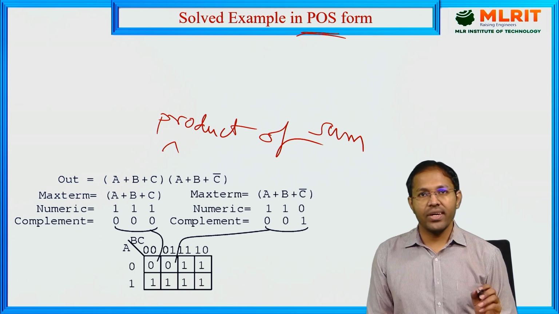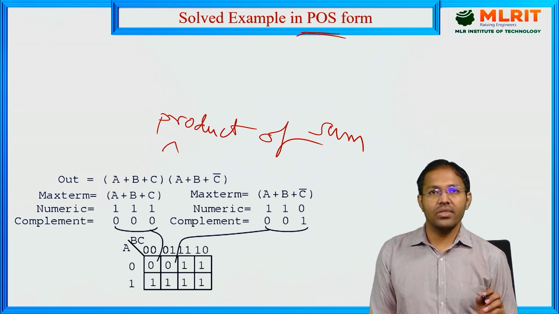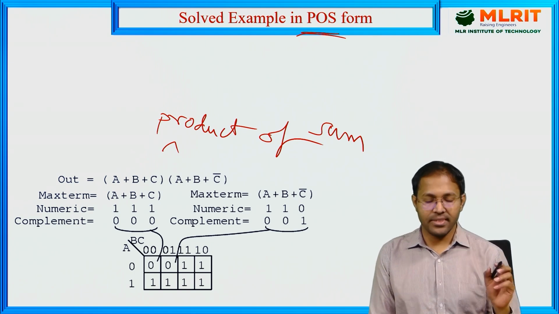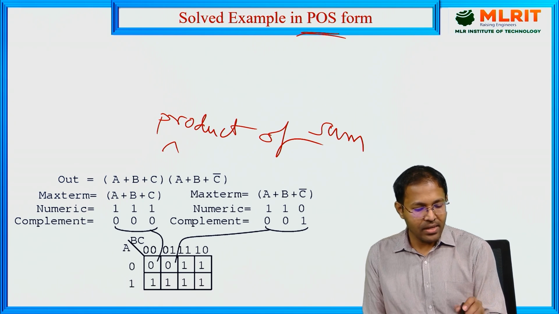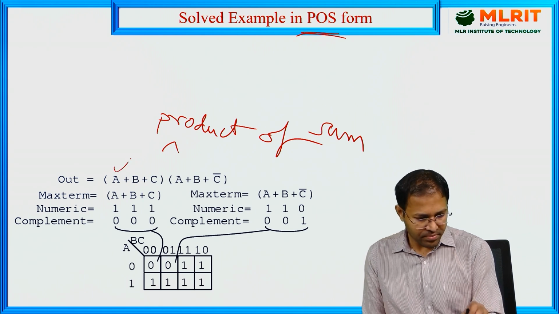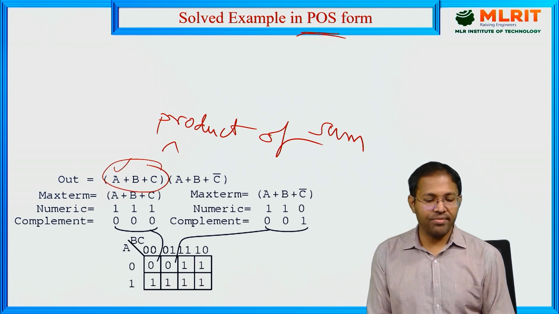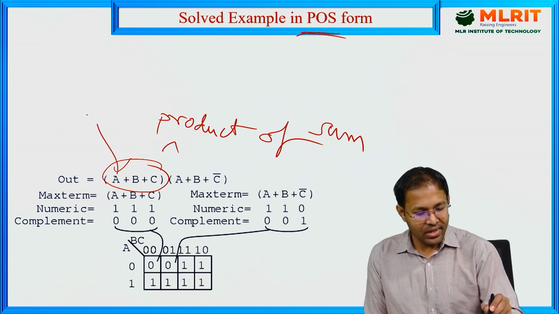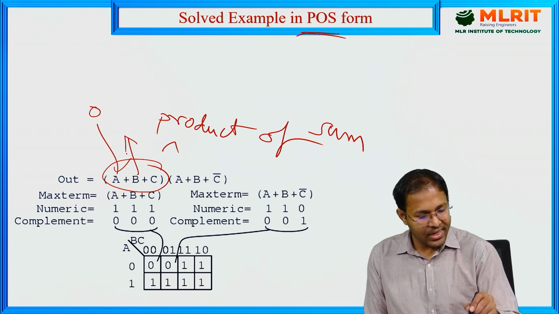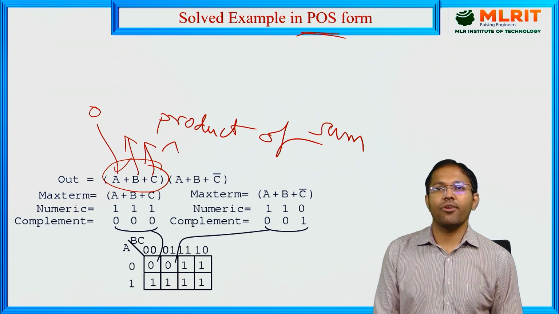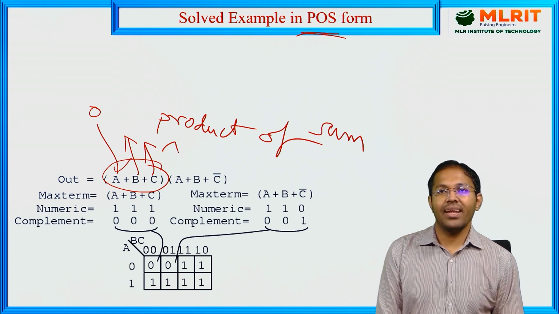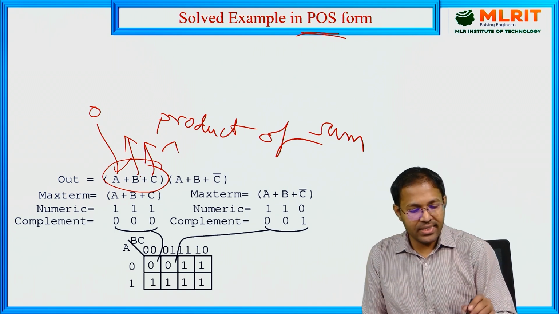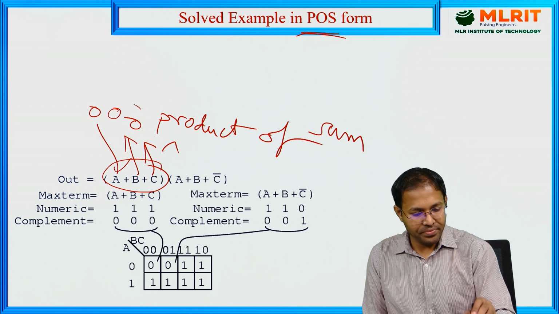Now how are we going to approach this problem? Here, we have the first term consisting of A plus B plus C. Remember in POS form, we take the variable in terms of 0. So A, B, C, all we will take as 0.